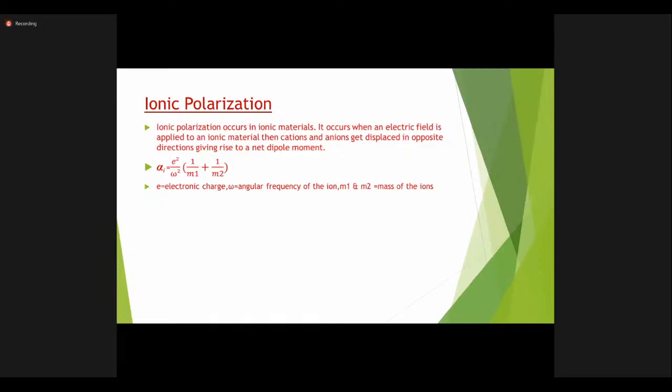The ionic polarization is given by e square by omega square into 1 by m1 plus 1 by m2, where e is the electronic charge, omega is the angular frequency of the ion. Both cations and anions have the same angular frequency of vibration. M1 is the mass of cation and M2 is the mass of anion. So M1 and M2, the masses of anions and cations, are different. So this is the formula for ionic polarization.